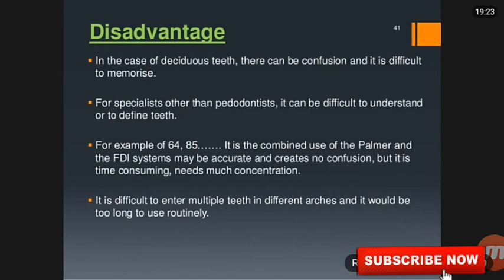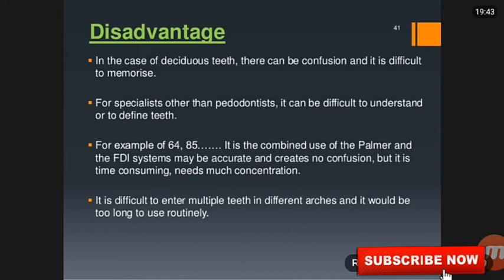And the disadvantage is that in the case of deciduous teeth there can be confusion and it is difficult to memorize. For specialties other than periodontics, it can be difficult to understand or to define teeth.